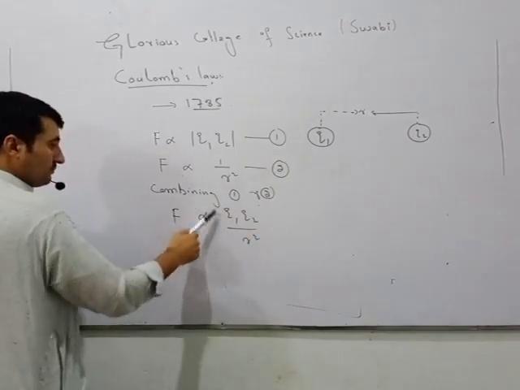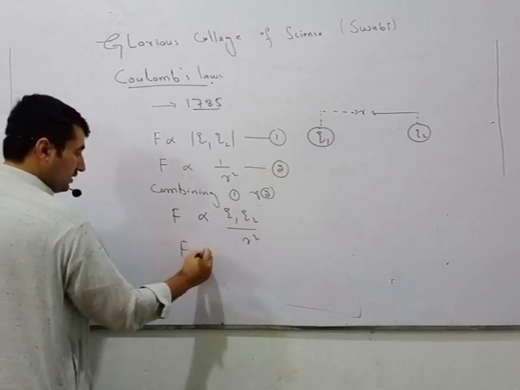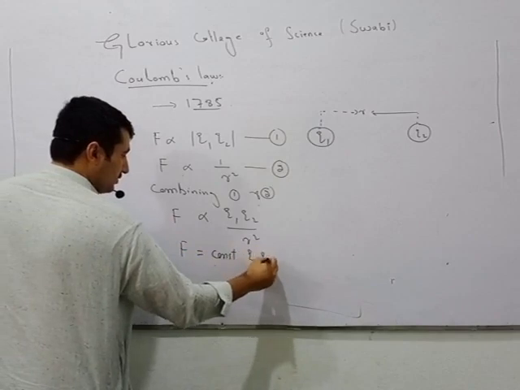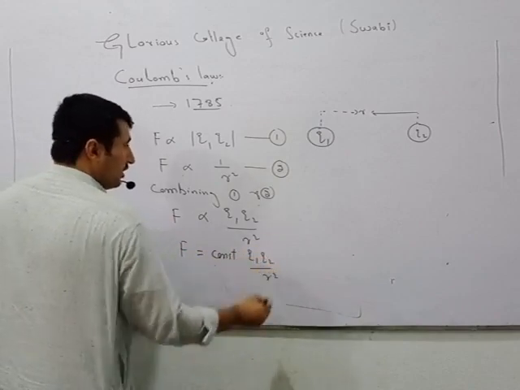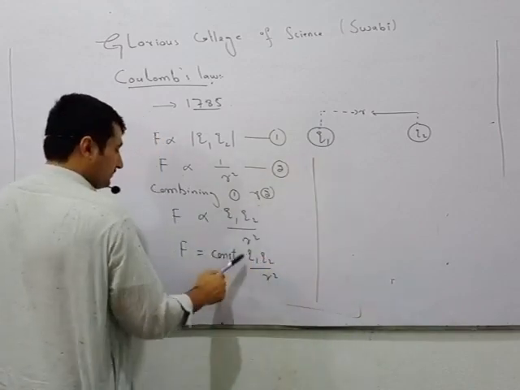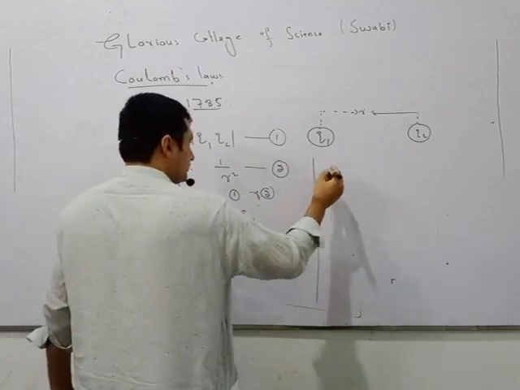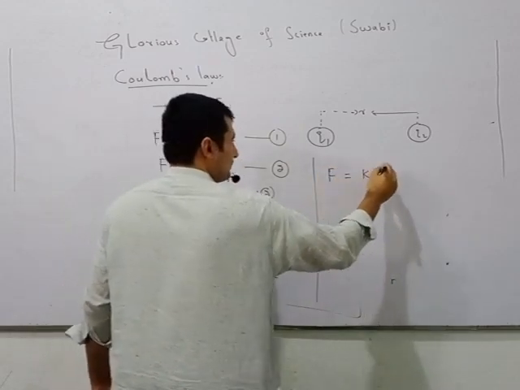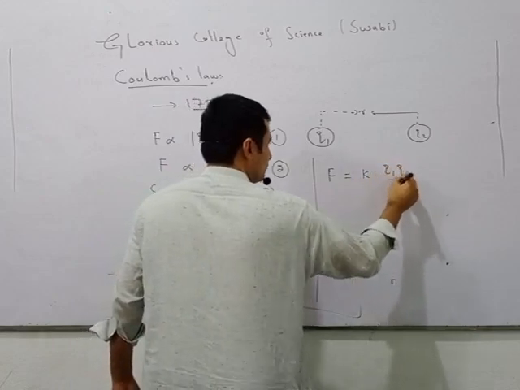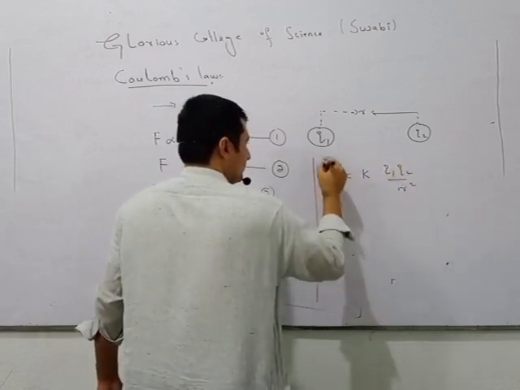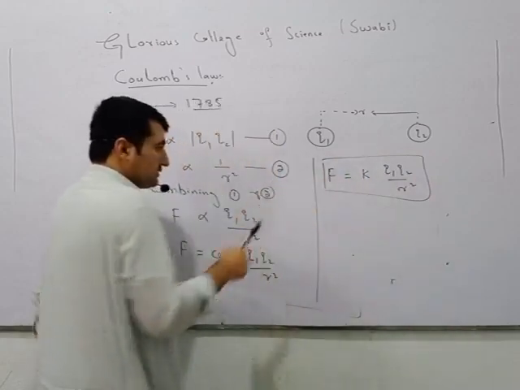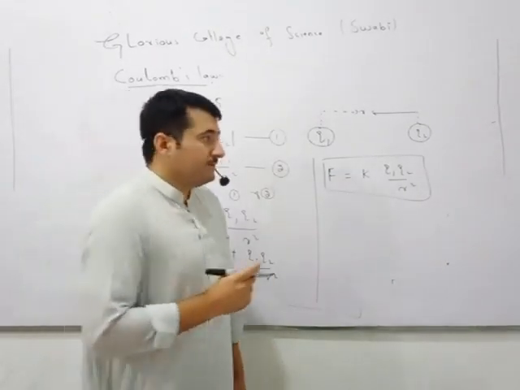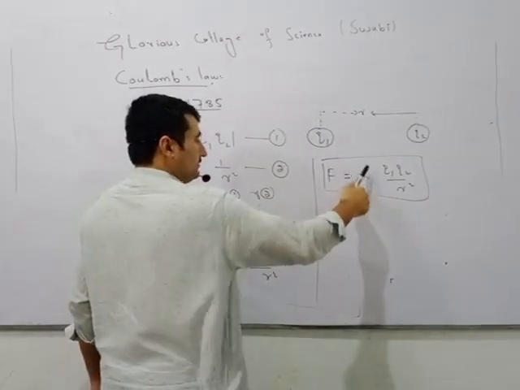If you remove this sign, we put is equal to a constant, K Q1 Q2 divided by R square, where K is the constant of proportionality.